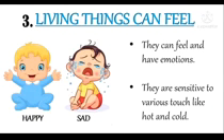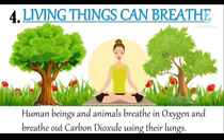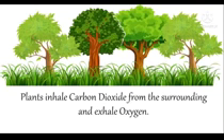Living things can feel. They can feel and have emotions. They are sensitive to various touch like hot and cold. Living things can breathe. Human beings and animals breathe in oxygen and breathe out carbon dioxide using their lungs, whereas plants inhale carbon dioxide from the surroundings and exhale oxygen.